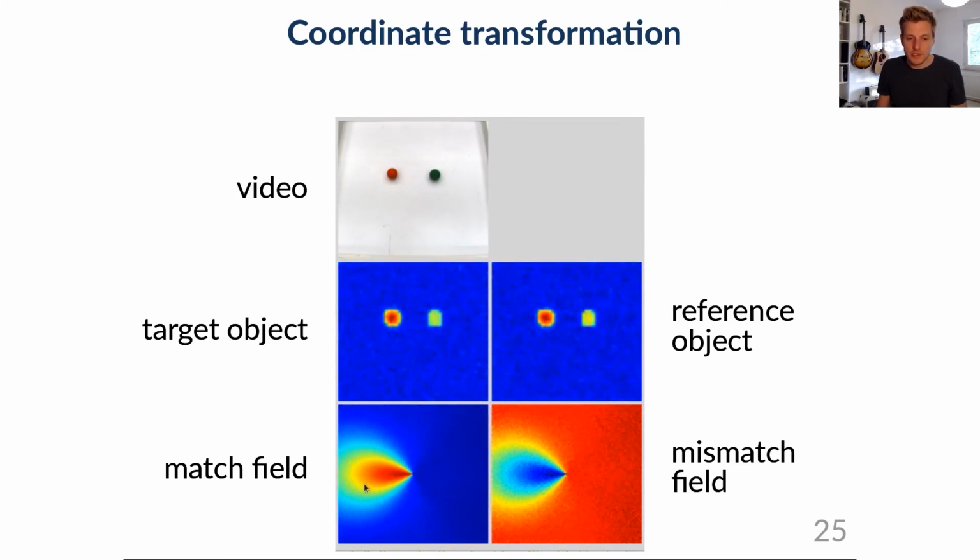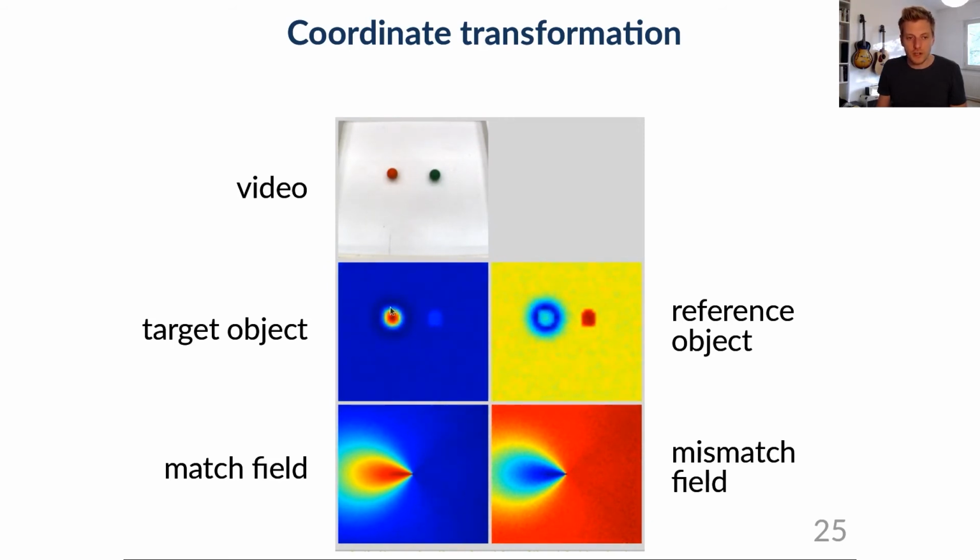The spatial template actually stays the same, but we change the representation of the target object here, the red object, so that it is centered in a space centered onto the reference object, which would then be at the center here. So the relative position of the target object with respect to the reference object would lie somewhere here as it comes up. You see, this then overlaps with the spatial template to the left of and gives you a signal, yes, this object is to the left of the green object.